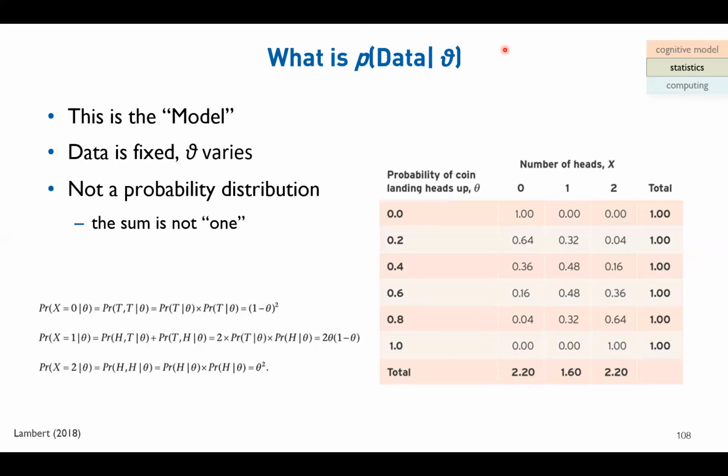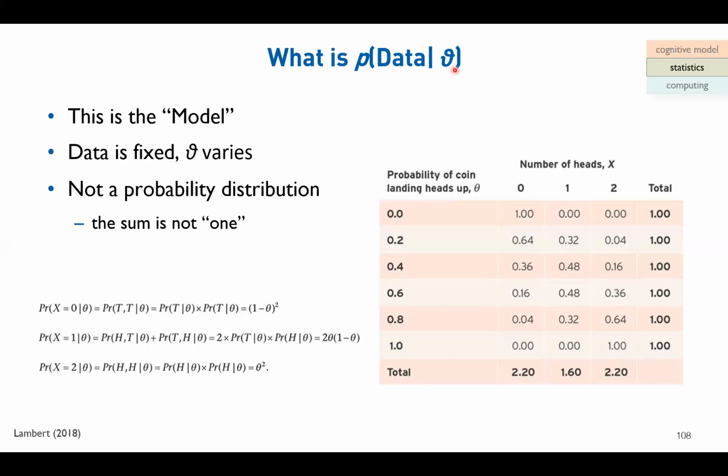This is still confusing, I guess. If I give you something called P of data given theta, and you don't know if that is a probability or a likelihood, you cannot really infer which it is. The idea is that if you see a term called P of data given theta, you have to know the place where it appears.